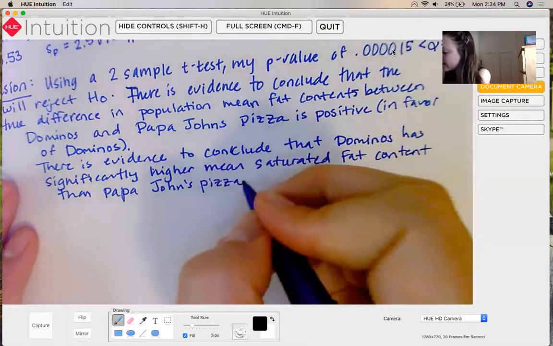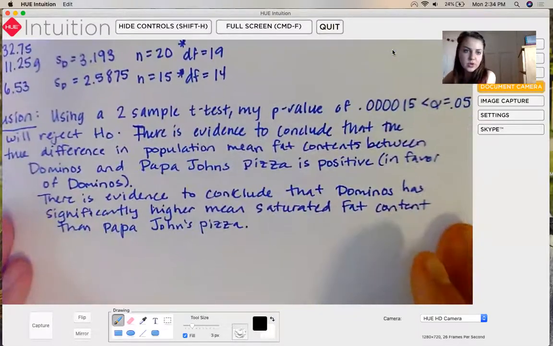So I literally just copied the last sentence of that problem. So that's my conclusion for this problem.